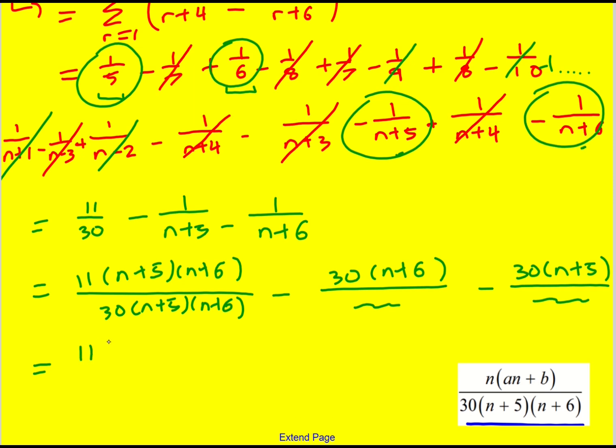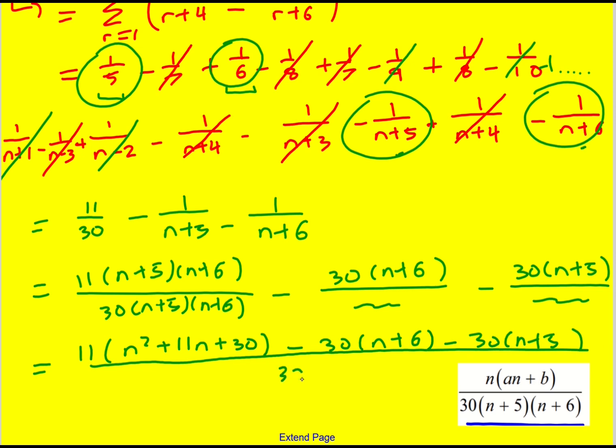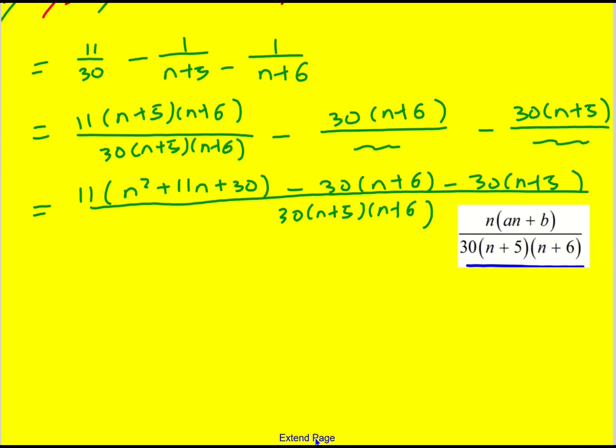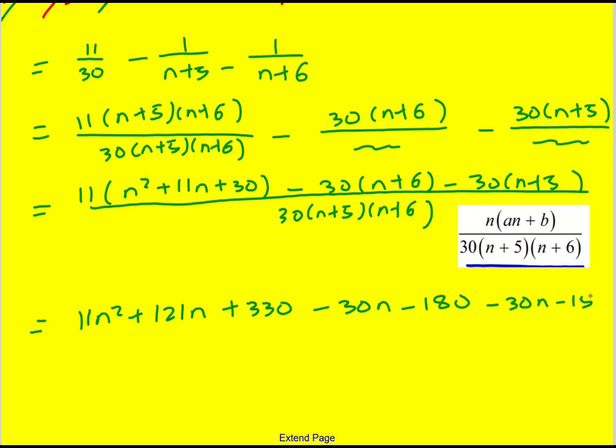This will give me 11. Right, I'm going to start multiplying it out. 11(n squared plus 11n plus 30), then minus, I won't expand this out quite yet, 30(n plus 6) minus 30(n plus 5). This gives 11n squared plus 121n plus 330 minus 30n minus 180 minus 30n minus 150.